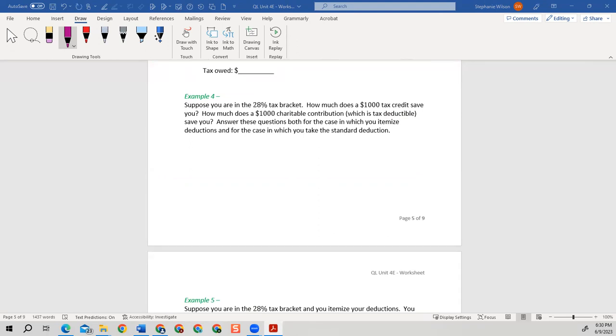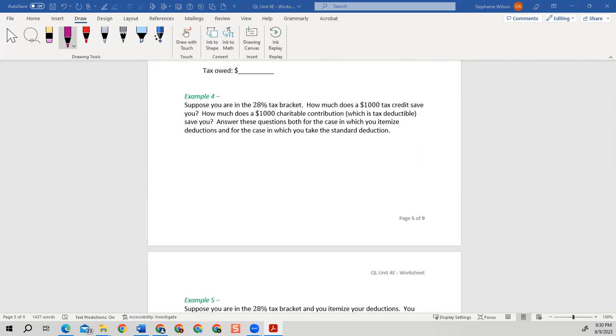The entire $1,000 tax credit is deducted from your tax bill, therefore saving you a full $1,000, right? Whether you itemize or use the standard deduction. So whatever your taxable income is, it's going to turn around and subtract $1,000 right off because it's a tax credit.